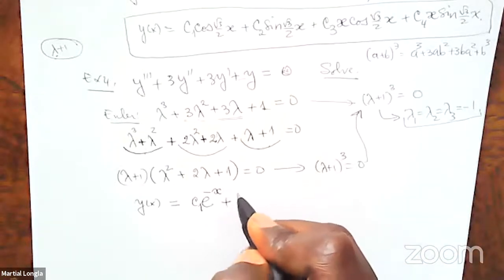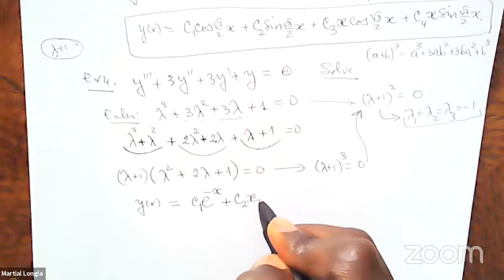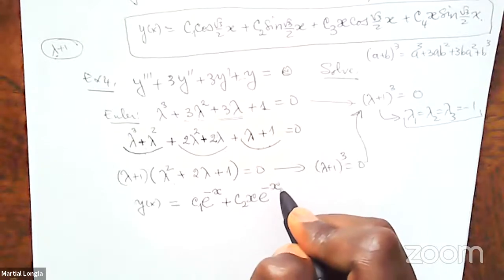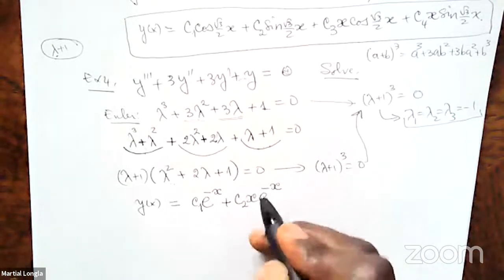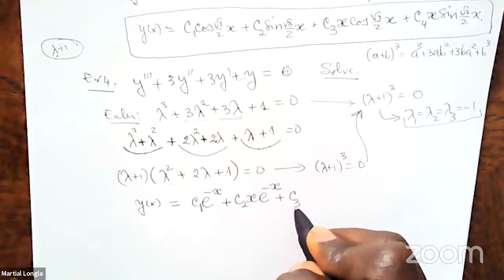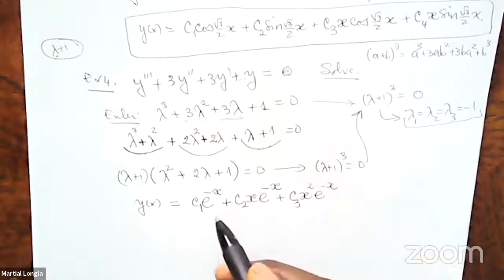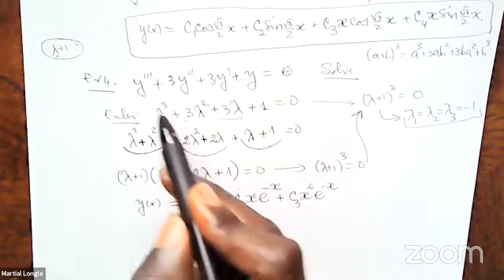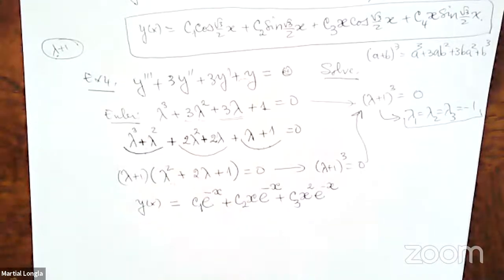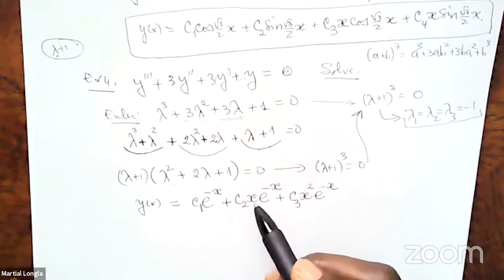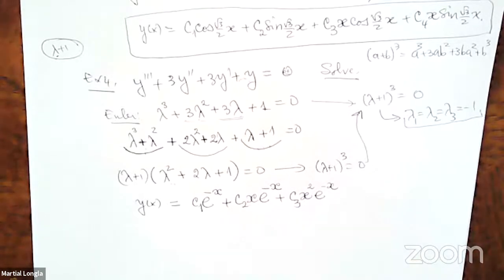Then plus c2 x e to the -x plus c3 x squared e to the -x. That's it. And you must have 3 constants because the equation is of third order. And then multiply by x and x squared because you got multiplicity 3. That's it. Perfect. Thank you.